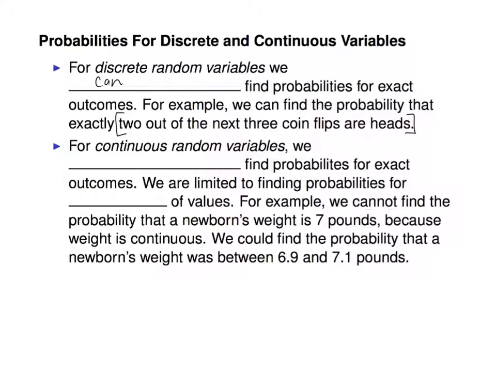The funny thing about continuous random variables is that it's impossible to be exactly equal to a value. This has to do with area under a curve, but being exactly 5'7" is technically impossible. So for continuous random variables, we cannot find probabilities for exact outcomes, and we're limited to finding probabilities for a range or intervals of values.